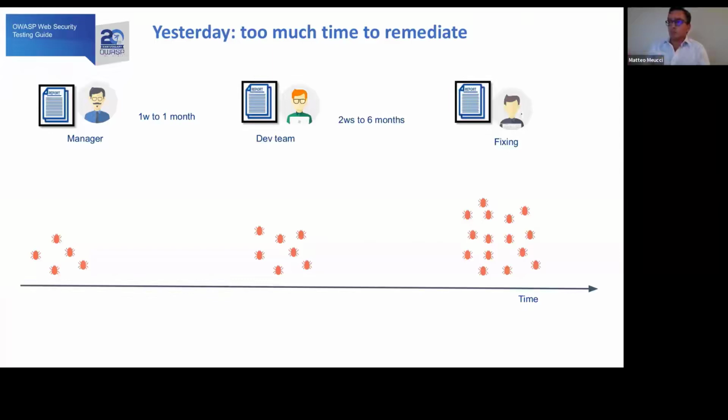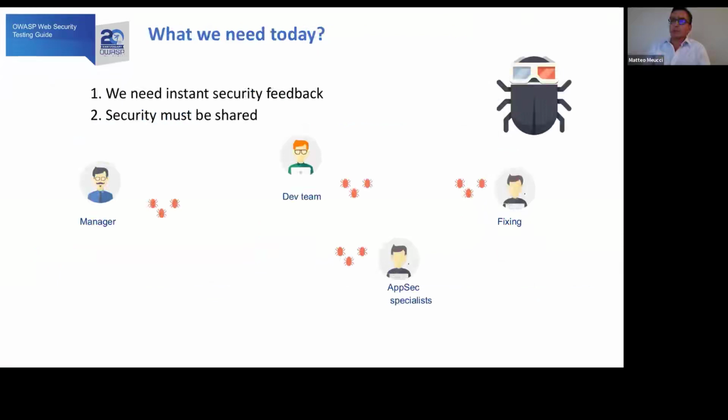That's not possible today. Today, we need instant security feedback. So it is really important to have immediate feedback when we identify vulnerabilities, and the developer team, like the other components of the team involved in the development process, should identify how to fix and fix immediately.